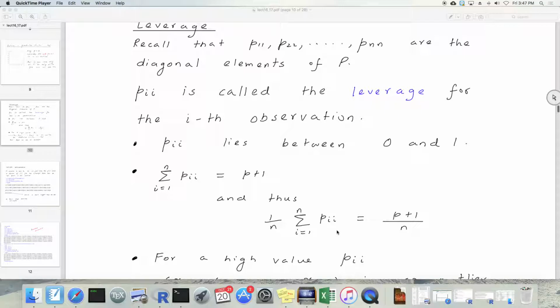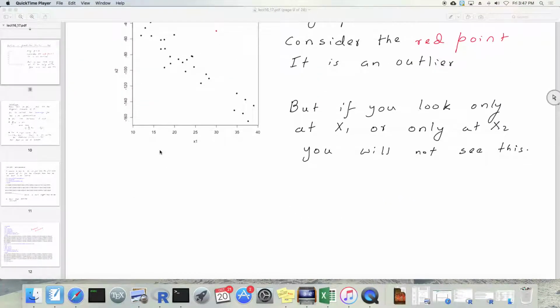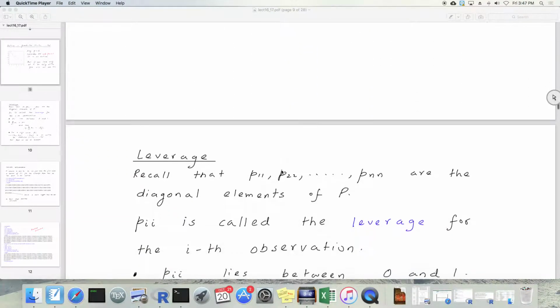How do you define the leverage? Leverage is the diagonal elements of the P matrix, P11, P22 to Pnn. The Pii should be high if it's an outlier.